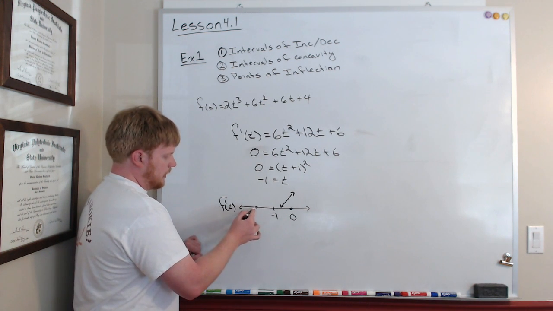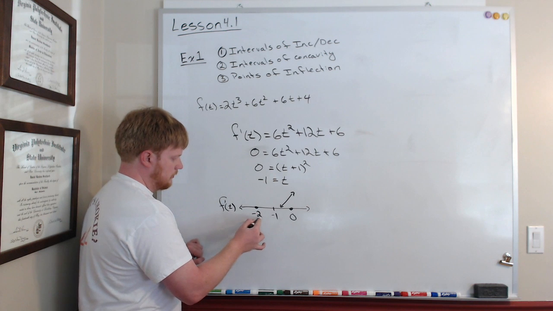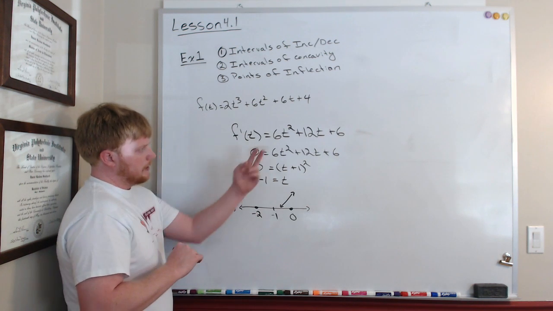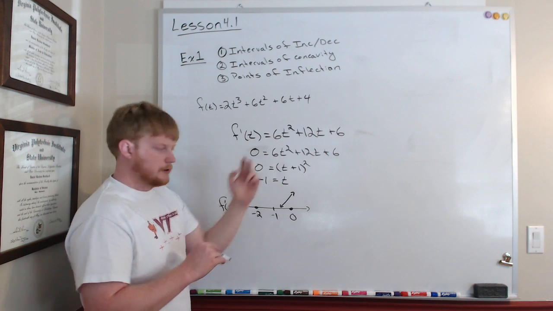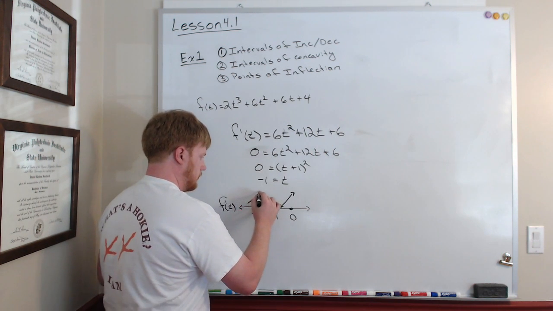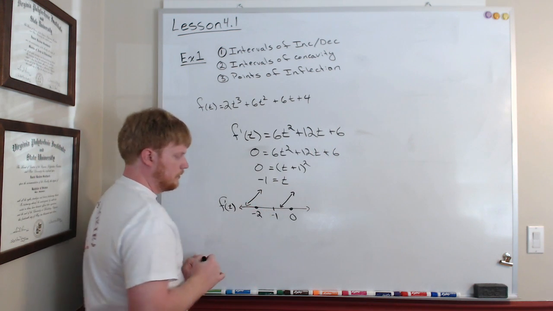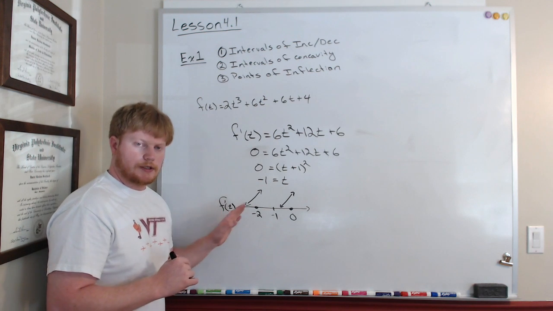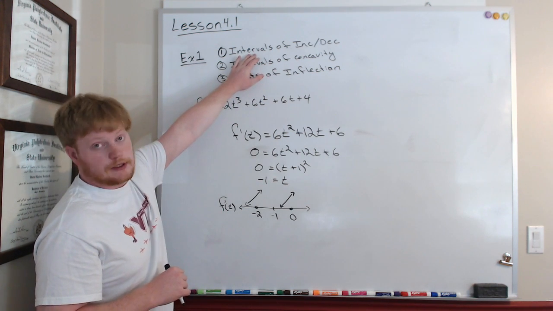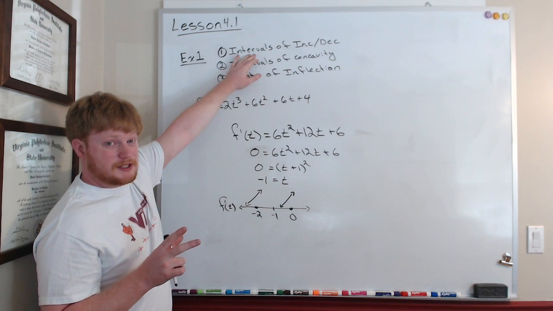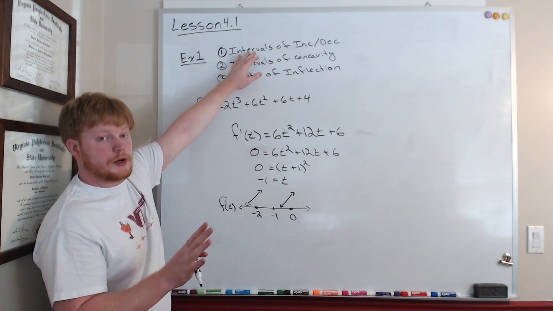How about when I plug in negative 2? When I plug in negative 2, I also get 6, which is positive, which indicates that the function is increasing. So there I have my intervals of increase. There are no intervals of decrease. This function is always increasing.